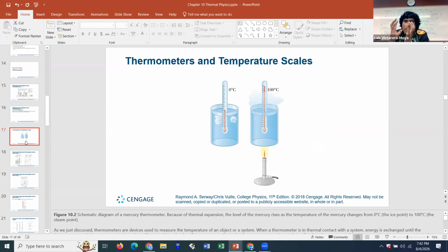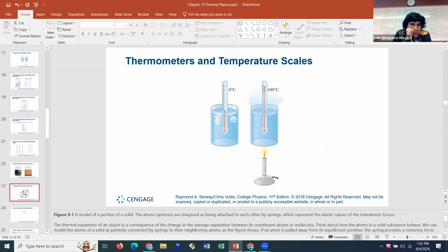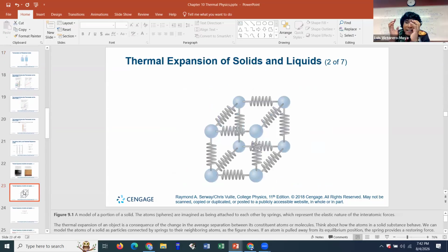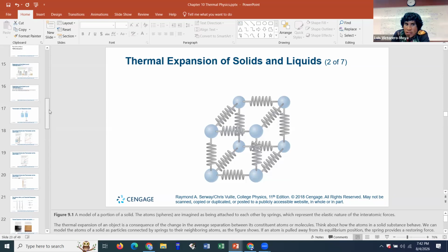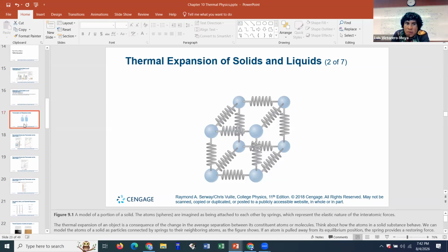And you can visualize a solid as atoms connected by springs, right? So if you increase the temperature of the solid, the vibrations are going to increase. You are increasing the energy, ergo, you are increasing the kinetic energy. So temperature is just a measure of the kinetic energy of atoms. The more motion, the more energy, the more temperature.